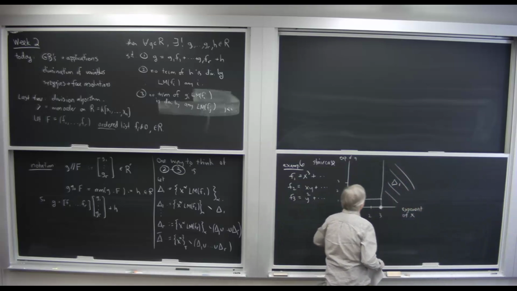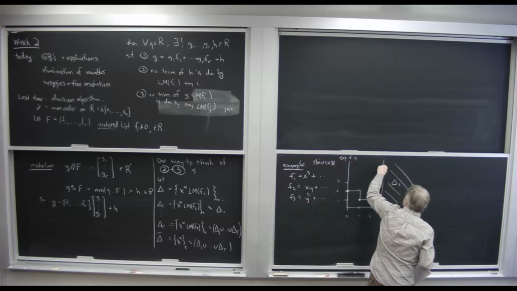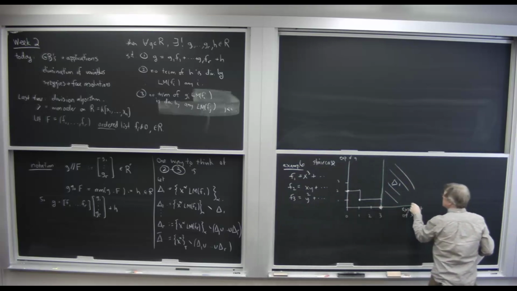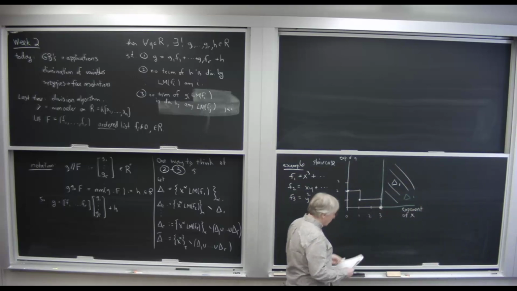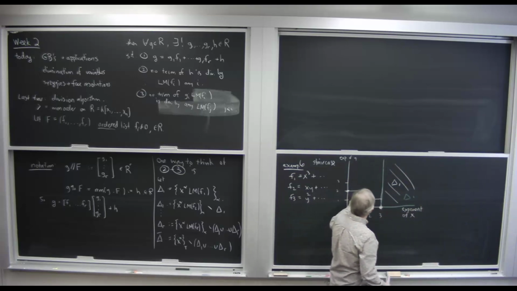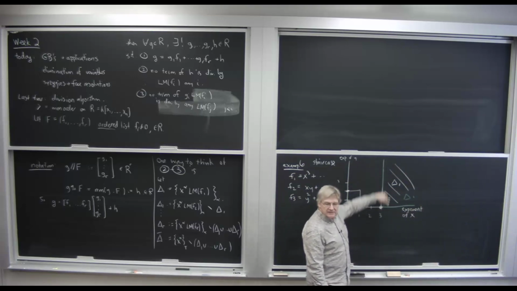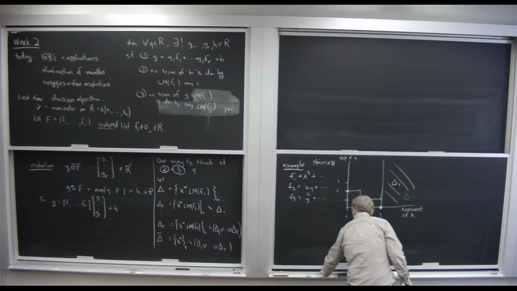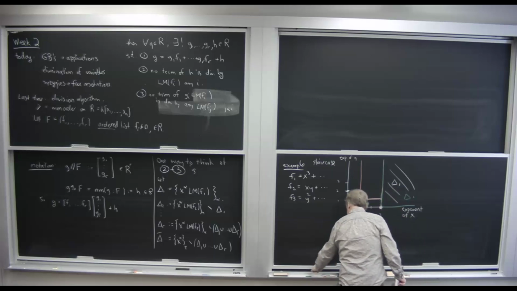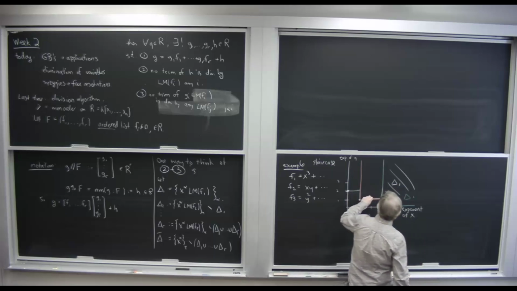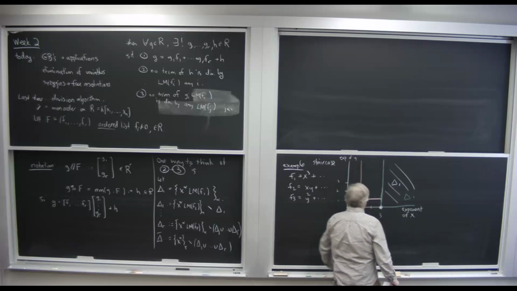This is delta 1 in green. Okay, and now what about delta 2? Delta 2 is everything above this, except we excise all that stuff. So let's do that here. Here is delta 2, but not that outer stuff. So it goes to 1 before that, I guess.